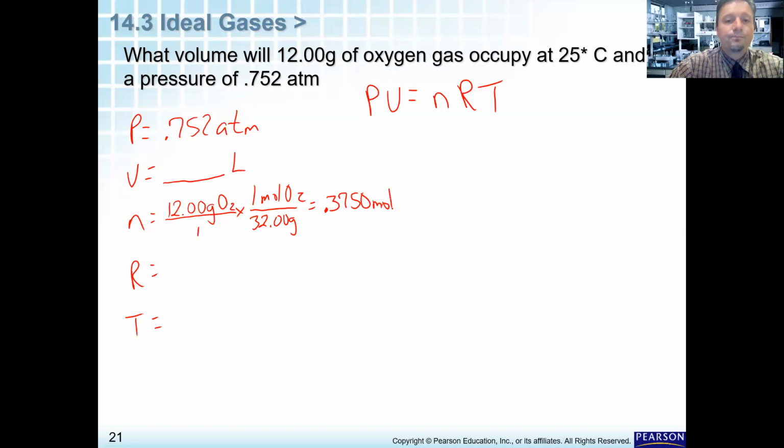0.3750 mole. Now my R, because I am now in atmospheres, I'm not using kilopascals, but I have the unit for that. Hopefully you took the time to write that down. So here I have 0.0821, and that's atmospheres times liters divided by mole kelvins.